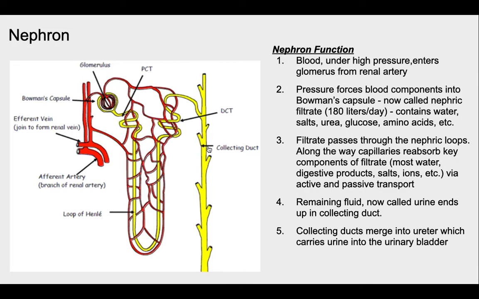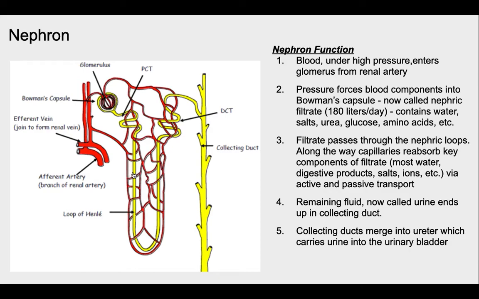Each of these little sections would be connected to another nephron. Obviously there's 1 million of these, so this is enlarged quite a bit. As the filtrate that's been forced out of the blood passes through this tube, along the way the blood is reabsorbing useful materials from that filtrate.